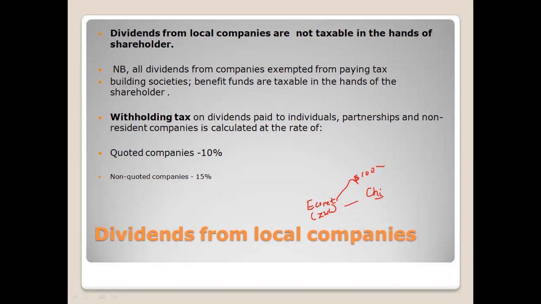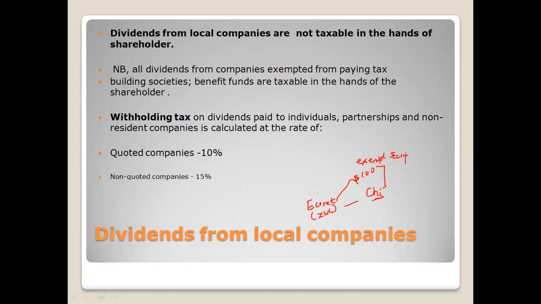What are we going to do with this $100 in the hands of Mr. Chi? This is exempt income. It's income according to section 8, but we exempt it. This is an exemption according to section 14. This becomes an exempt income.